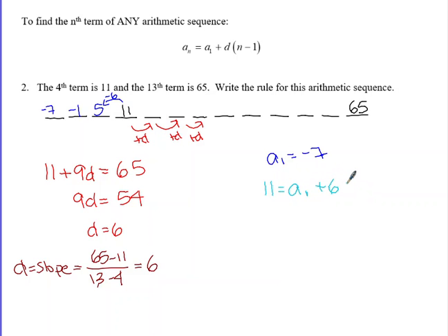I found out that the difference is 6, and 11 is the fourth term. I can then solve this and get that the first term is negative 7. Whichever way you prefer is fine. Once we have the difference and the first term, we can write the rule for the nth term.